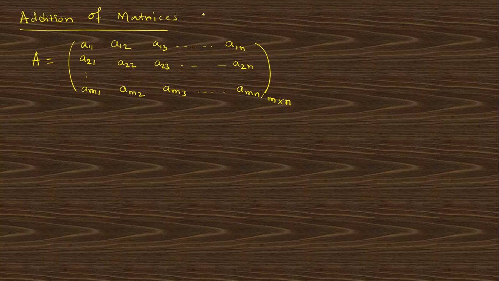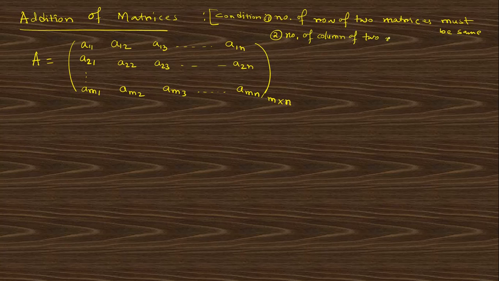For addition, the condition is: the number of rows of the two matrices must be the same, and another property is that the number of columns of the two matrices must be the same. Clear? The number of rows of the two matrices will be the same and the number of columns will be the same.